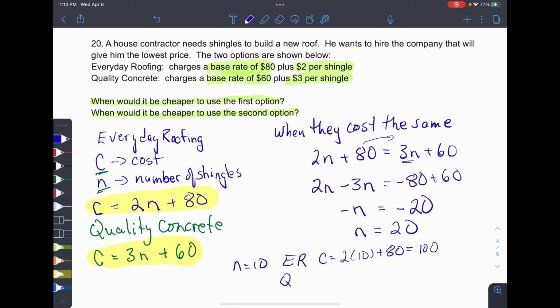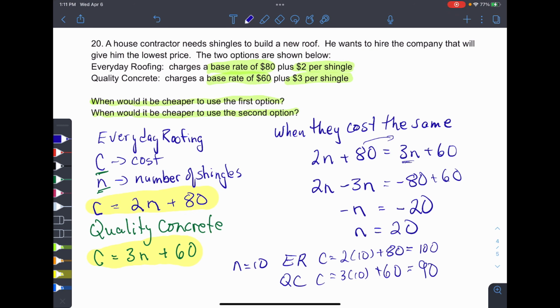And Quality Concrete will cost 3 times 10 plus 60, and that's just going to equal 90. I was getting ahead of myself there.